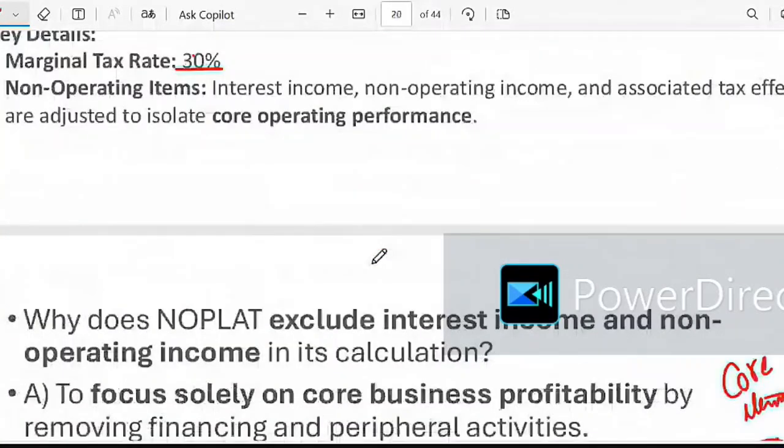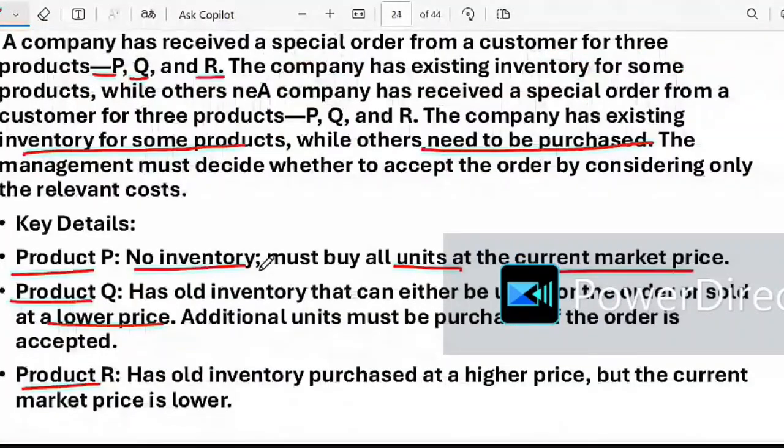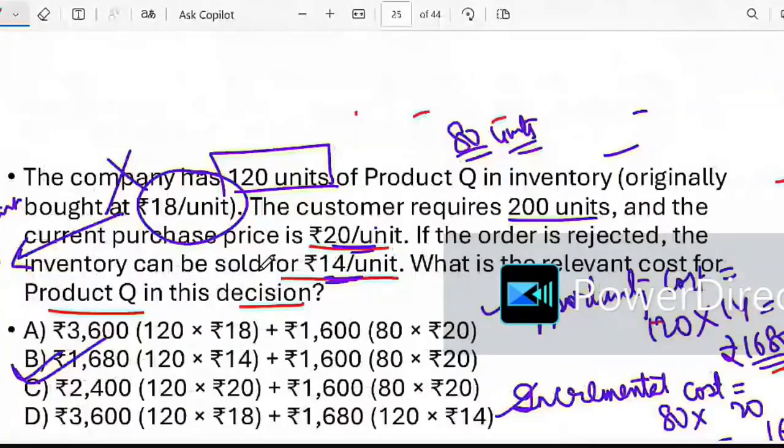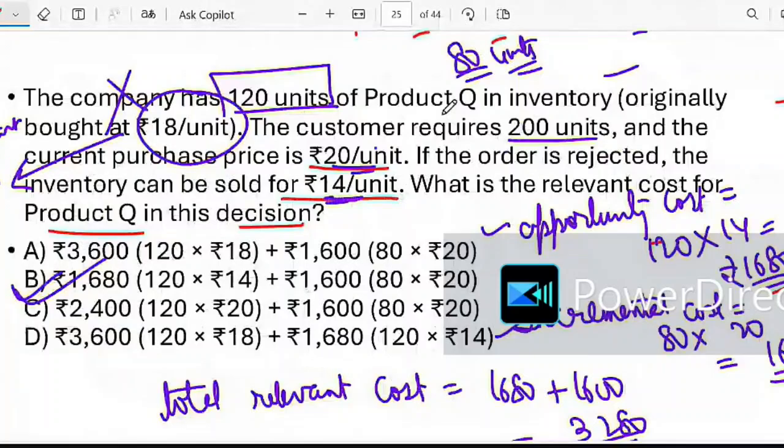Then after that, relevant cost. In relevant cost, remember sunk cost is not to be taken into consideration. What is sunk cost? Sunk cost means historical cost, the price at which the product was bought. You don't take it into consideration. Besides that, every cost has some value, like opportunity cost and incremental cost. Based on that, we decide the relevant cost.